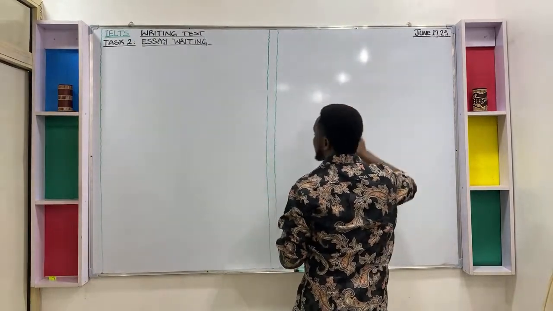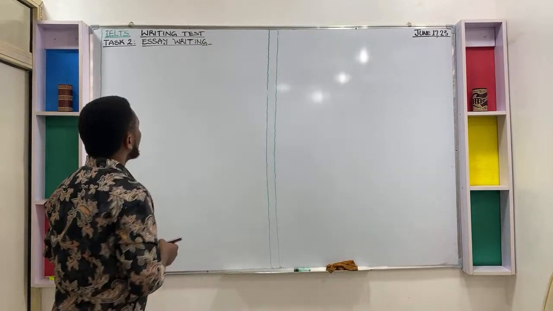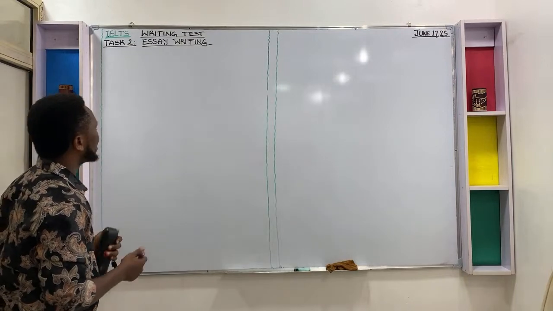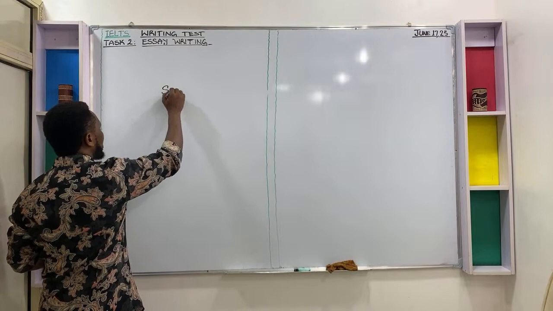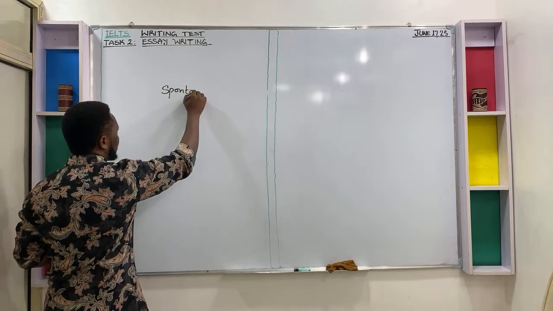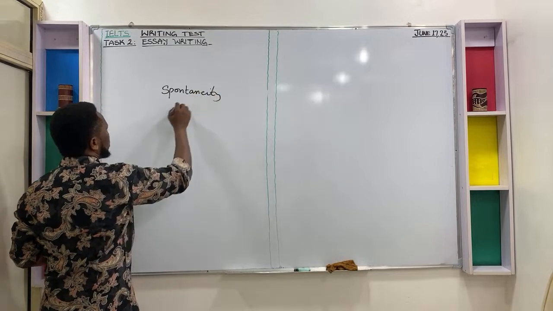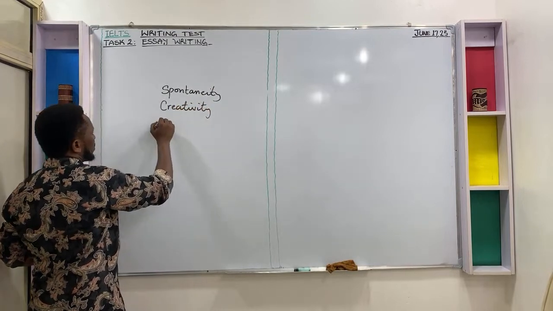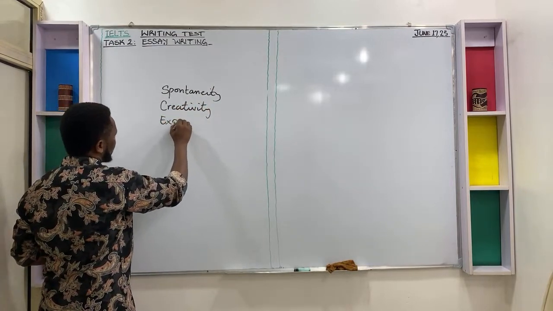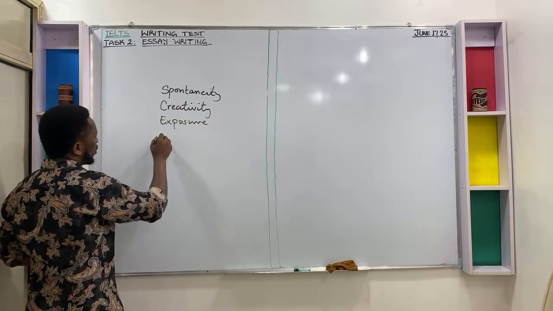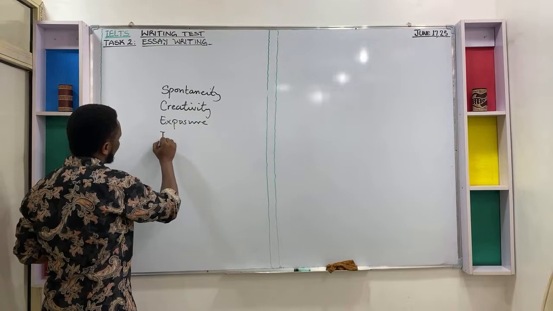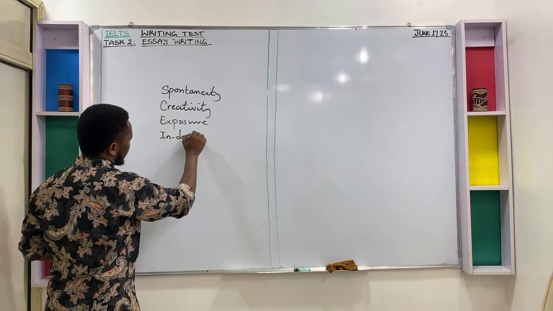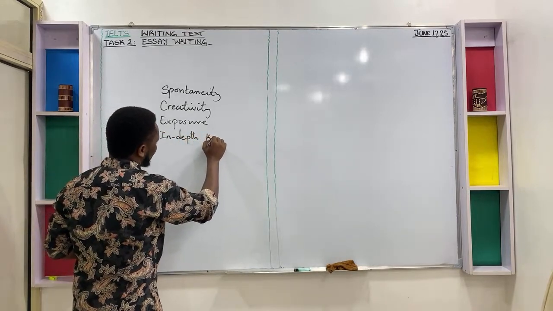The essay writing is the aspect of your IELTS writing test where you are evaluated on spontaneity, on your creativity, on your exposure, and on your in-depth knowledge of English.